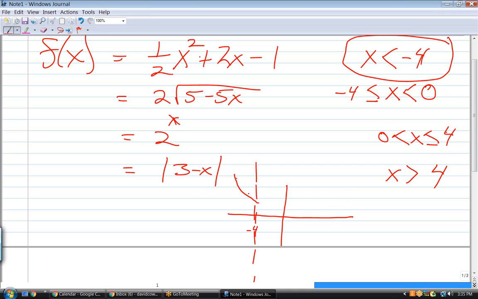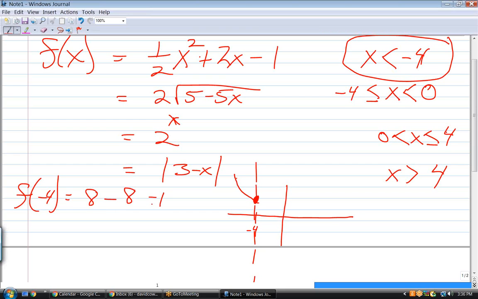Well, now, what is that point right there? All we really need to plot this is that point. We don't need to know how to plot the entire parabola. We need to know what that point is. Well, what is f of -4? So -4 squared is going to be 16, and then half of that is 8, and then plus 8, minus 1. Wait, 8 minus 8, yeah.